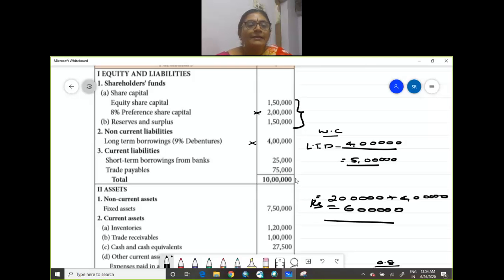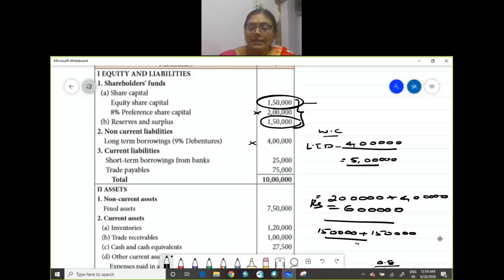Then equity shareholders fund: equity shareholders fund 1,50,000 plus reserves and surplus, which I'll circle for you here. So that comes to 1,50,000 plus 1,50,000, which is 3 lakhs. So 6 lakhs divided by 3 lakhs.